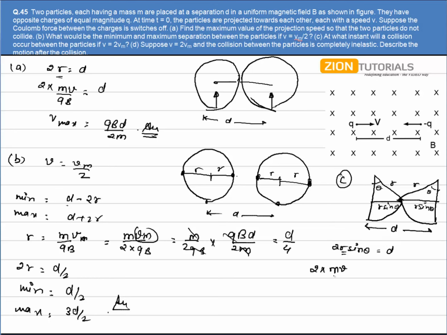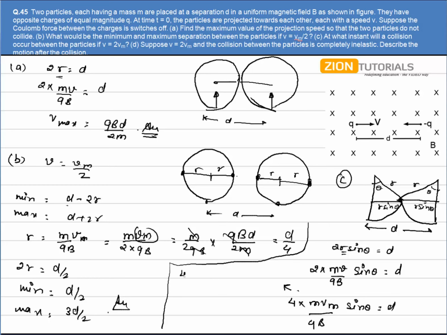We know that v_m is given by qBd by 2m, so 4 times m by qB into qBd by 2m sine theta is equal to d. So qB by m cancels, d is cancelled, and theta comes out to be 30 degrees.